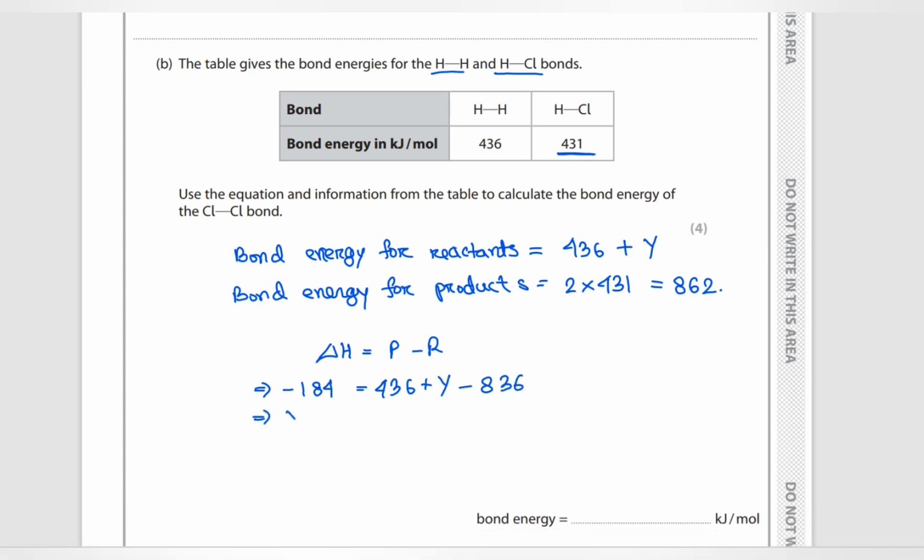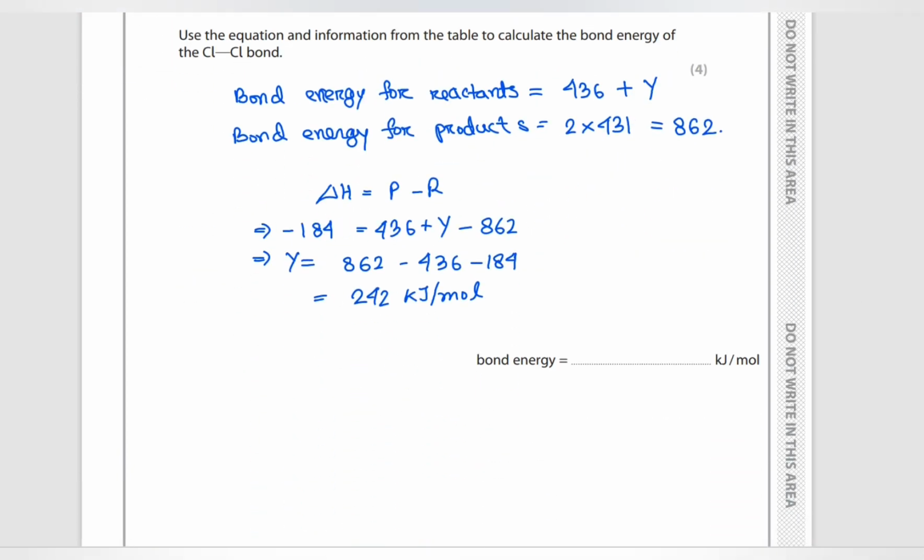If you make Y the subject of this equation, it would look like 862 minus 436 minus 184, and if you calculate it, you get a value for Y, which is 242 kilojoules per mole. So the bond energy for the Cl-Cl bond is 242 kilojoules per mole. So with this, our 7b ends.